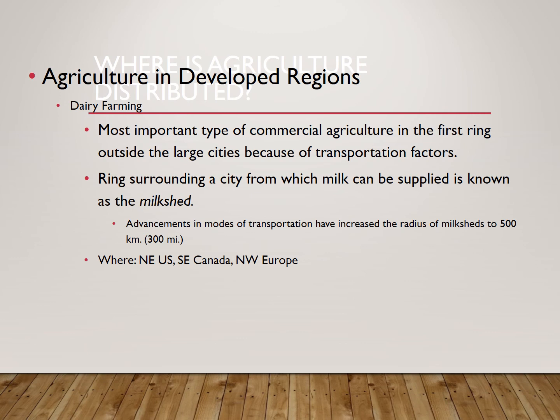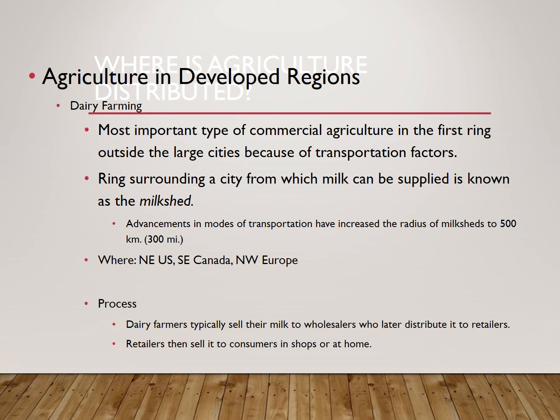So your milk could be coming from 300 miles away, whereas 100 years ago, it was going to be probably no more than 50 miles away. This is true in northeastern United States, southeastern Canada, and northwestern Europe.